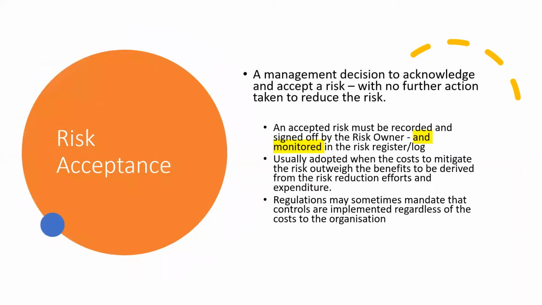Risk acceptance, that is the management decision to acknowledge and accept the risk with no further action taken to reduce the risk. This isn't management ignoring the risk, because ignoring a risk is not an option. So an accepted risk must be recorded and signed off by the risk owner and monitored in the risk register/log.